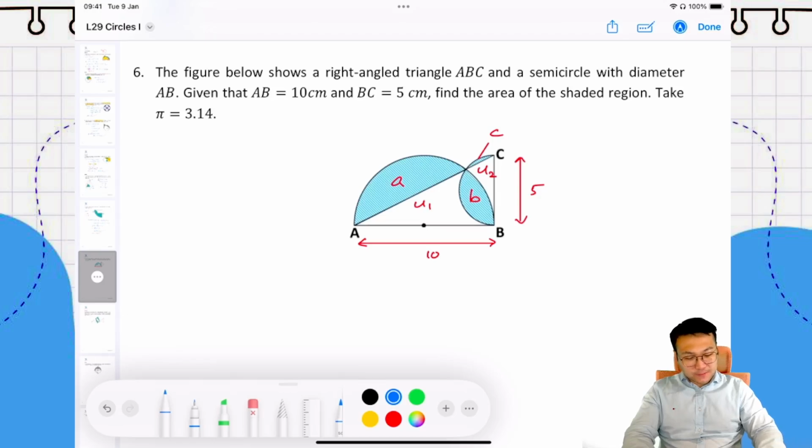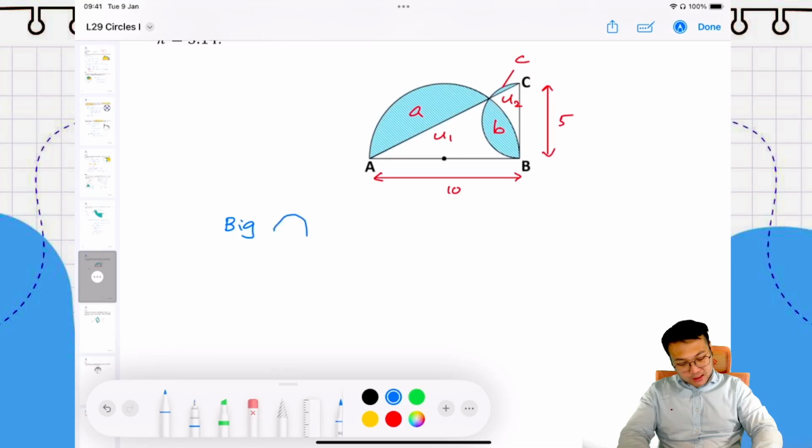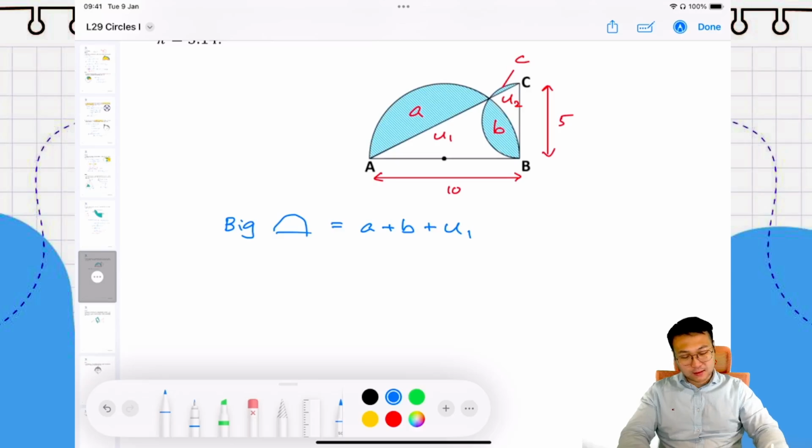So firstly, we are going to make use of all these alphabets to create shapes that we recognize. What gives us the big semicircle? Well, if you take A plus B plus the unshaded part number 1, we will get the big semicircle. What about the small semicircle?